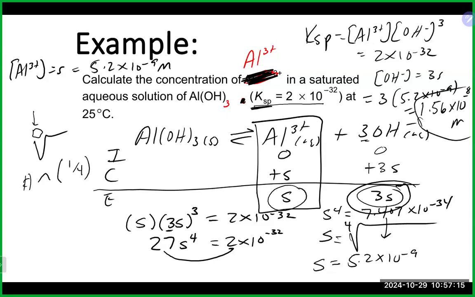That might be good because if I have the hydroxide, I could, if I wanted to, calculate the pOH, and I could calculate the pH of this particular solution by knowing that as well. So that's some other information that you could calculate if you wanted to by knowing that hydroxide concentration.